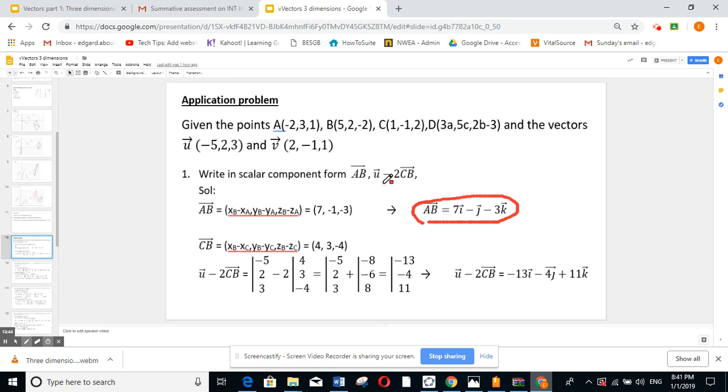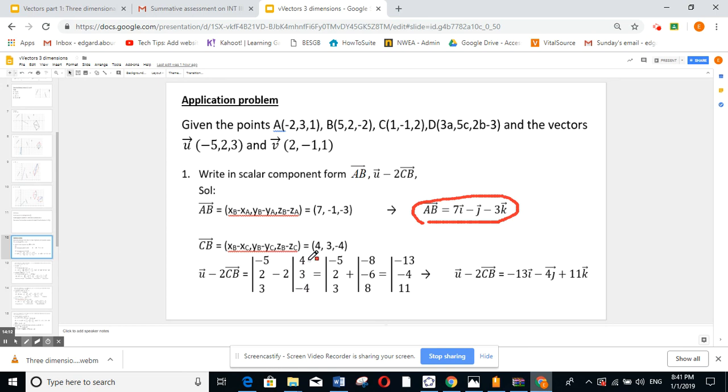And for u minus 2CB, first of all, I'm going to find CB. So xb minus xc, yb minus yc, zb minus zc. You have 5 minus 1 is 4, 2 minus minus 1 is 3, and minus 2 minus 2 is minus 4. So you have vector u, minus 5, 3, minus 2, times vector CB, which is 4, 3, minus 4.